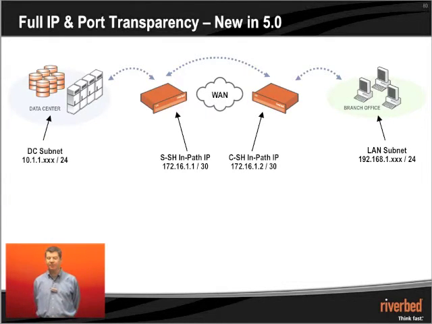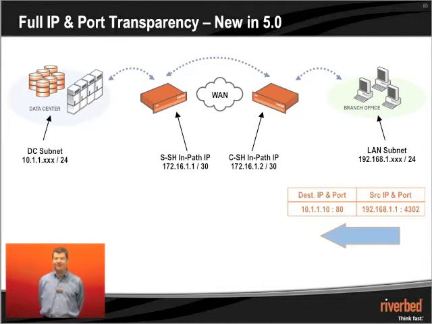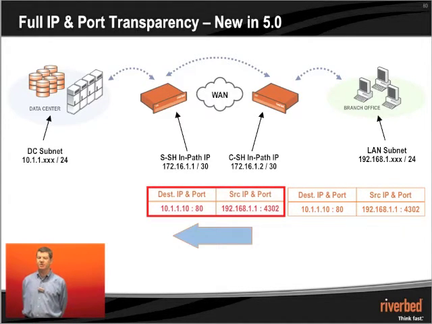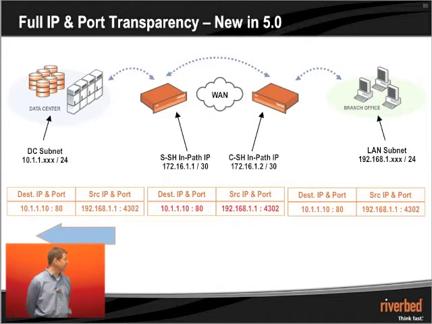Next, if we want to provide full transparency, that's done by spoofing the entire header information with regard to source, destination IP address, and destination port. That's provided on the inner channel, matching what is available on the outer channel. Keep in mind that this can be problematic.